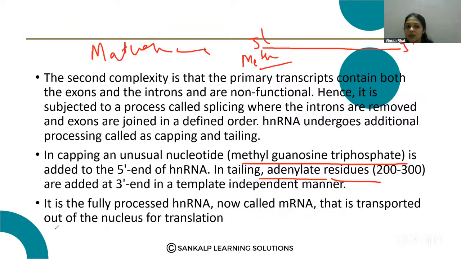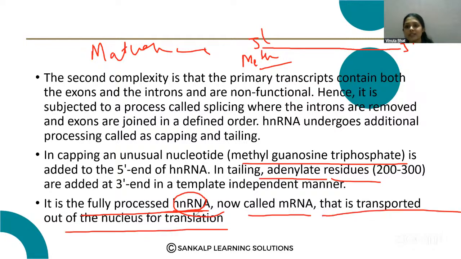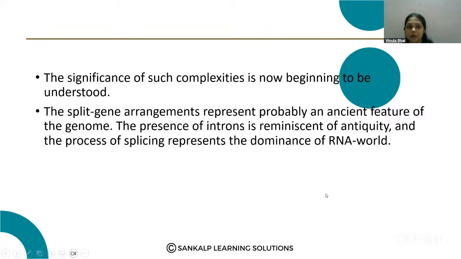Okay, so it is fully processed heteronuclear RNA, hnRNA. Now it is called mRNA, which is transported out of the nucleus for translation. So in this way the translation process happens in case of the eukaryotes. Okay.